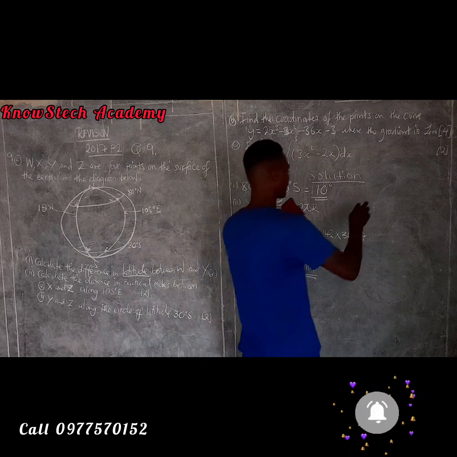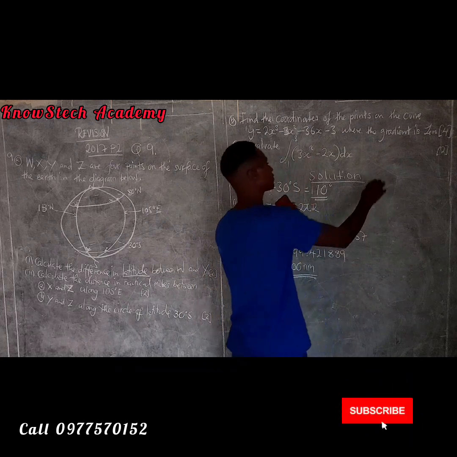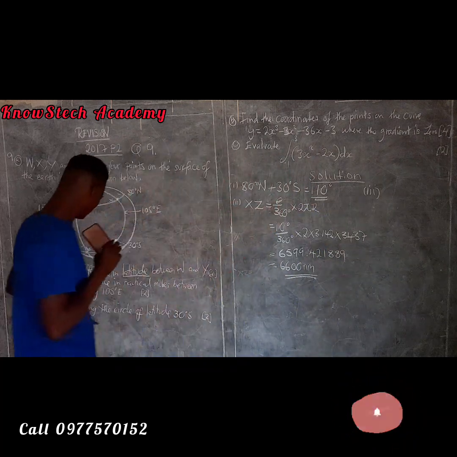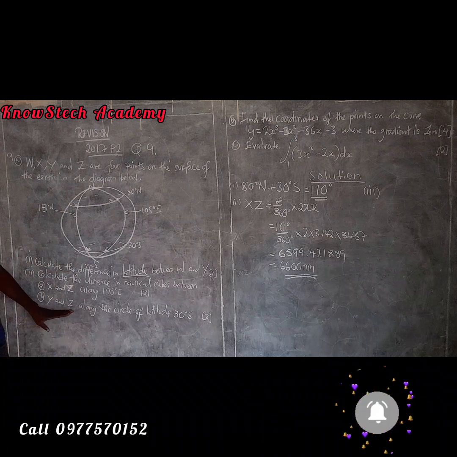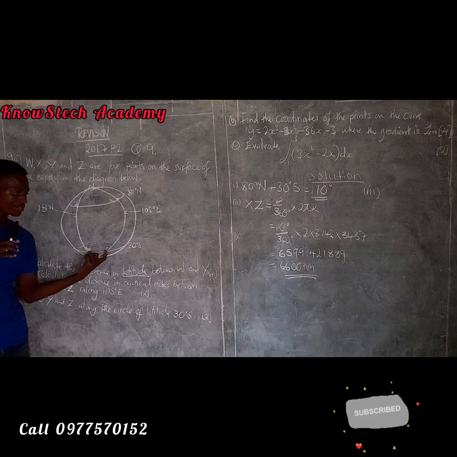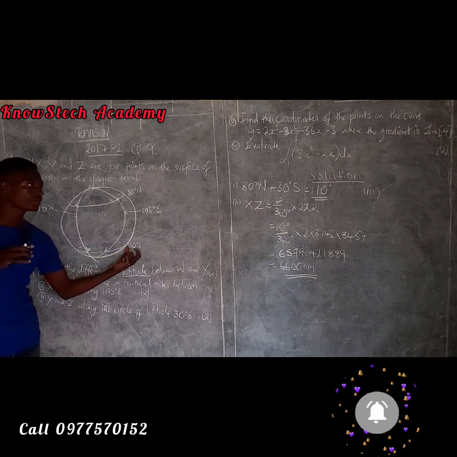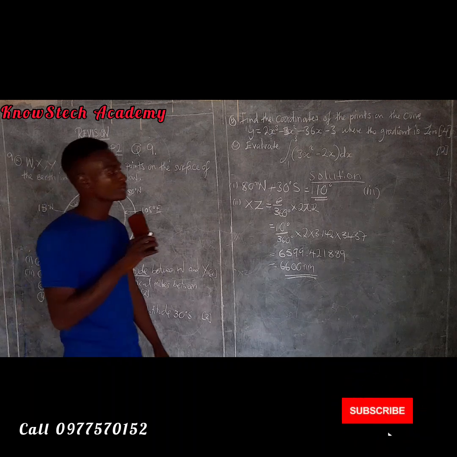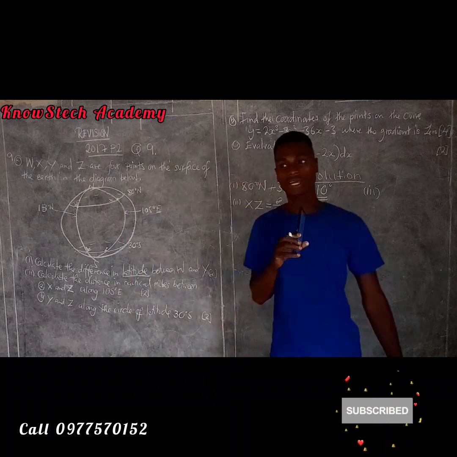The third question is YZ. This is the distance along the line of latitude 30 degrees south. Which formula do we use when calculating distance along the line of latitude?